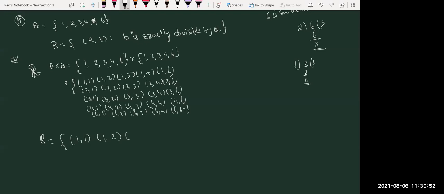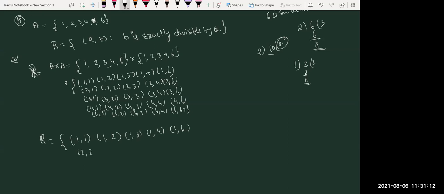Correct or not? Now 1 comma 3, 1 comma 4 and 1 comma 6, yes. But 2 divided by 1 will be exactly divisible. If you write 1 divided by 2, you will get a fraction, 0 point 5. So 2 comma 1 is not possible.